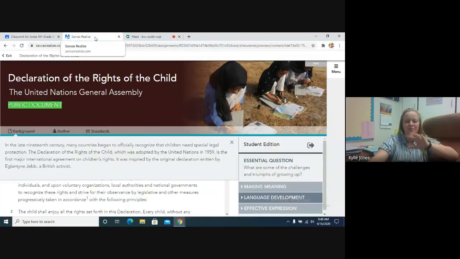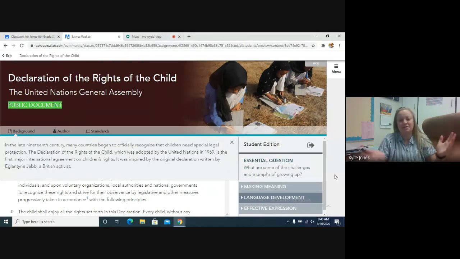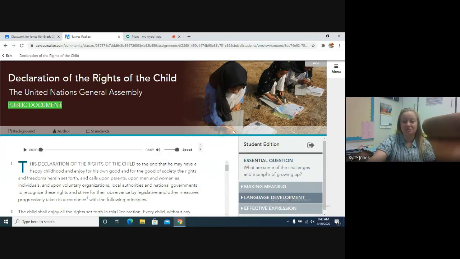People were like, maybe we shouldn't do that to children anymore. So they came up with this document that states the different rights that children get. So things like child labor laws and stuff like that. So that's what this document is talking about, the rights of a child in general.